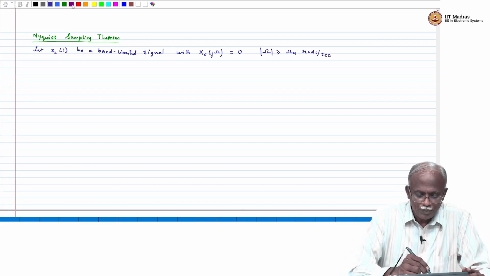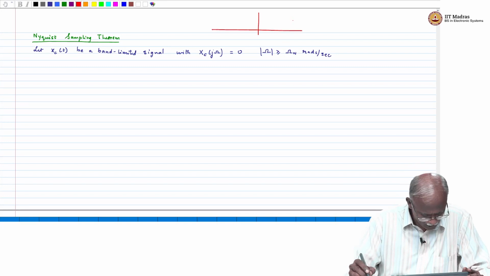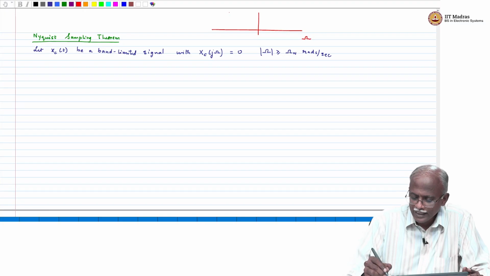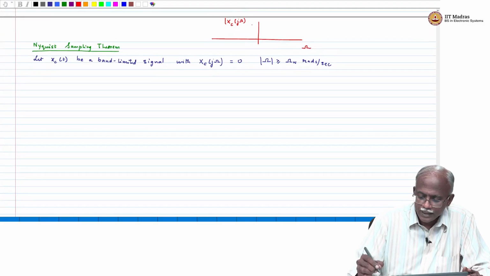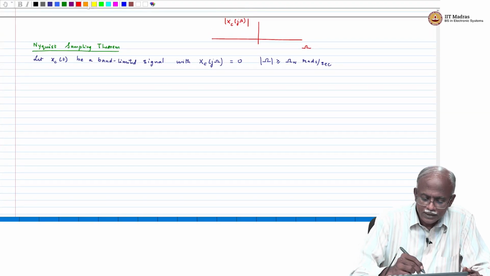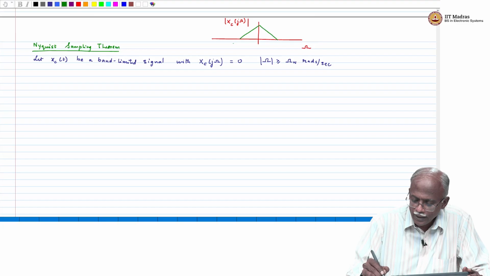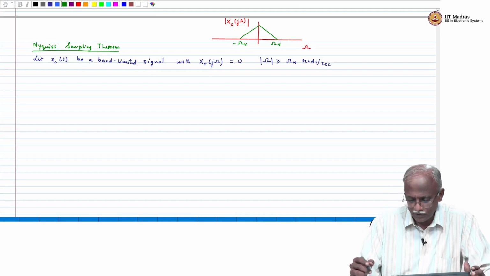Maybe easier thing to sketch it straight away. I have the frequency response plotted of this signal. So this is the magnitude of xc of j omega, and what we are saying is this magnitude response goes from minus omega N to omega N. It does not need to be symmetric, it can be, but we just draw it.